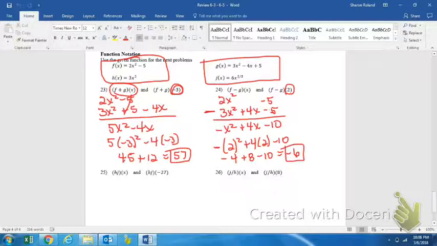H times j of x, that would be h times j, and that's 3x squared times j, which is 6x to the 2/3. You'd multiply the numbers together, and so 3 times 6 is 18. And then when you multiply x's, you're going to add the exponents.